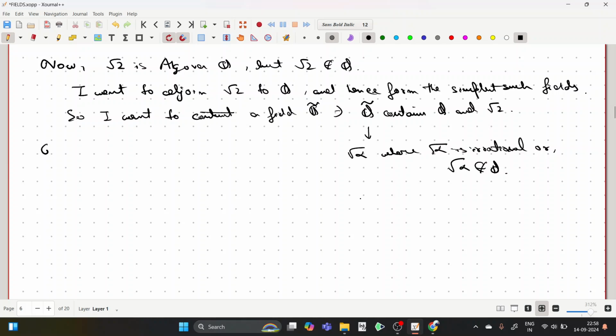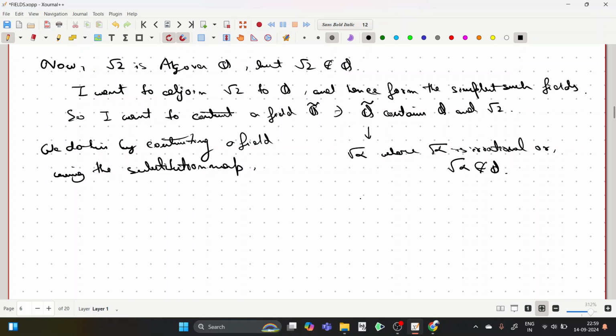So we do this by constructing a field using the substitution map, denoted as Q round bracket root 2.